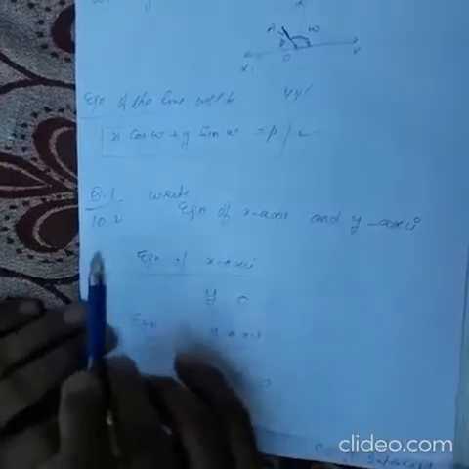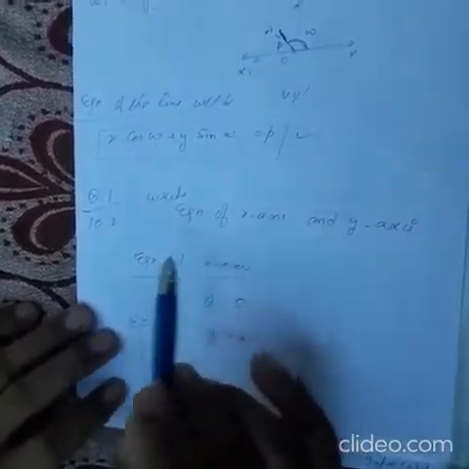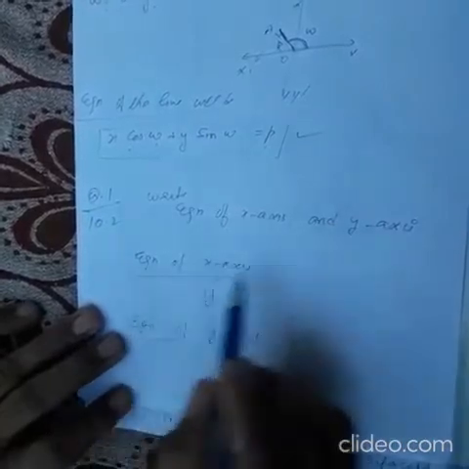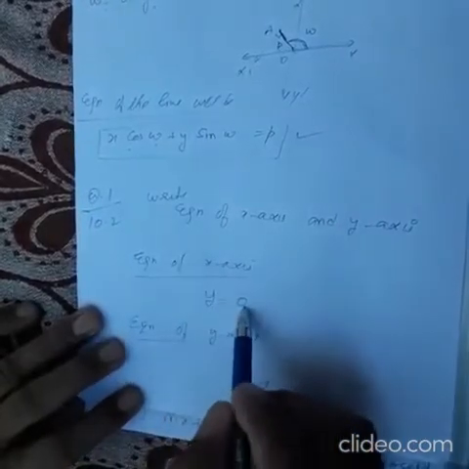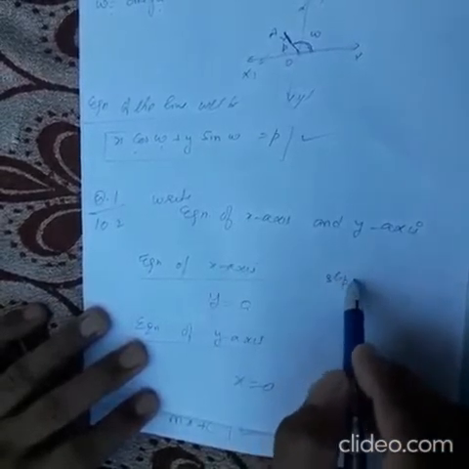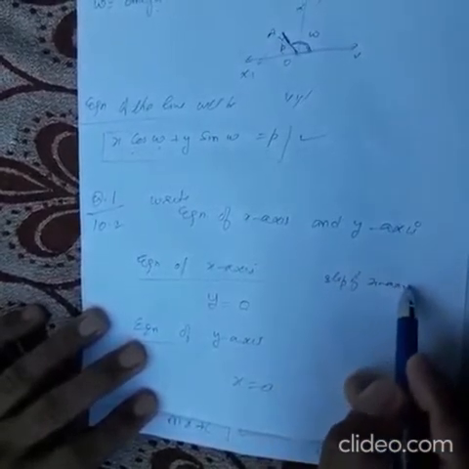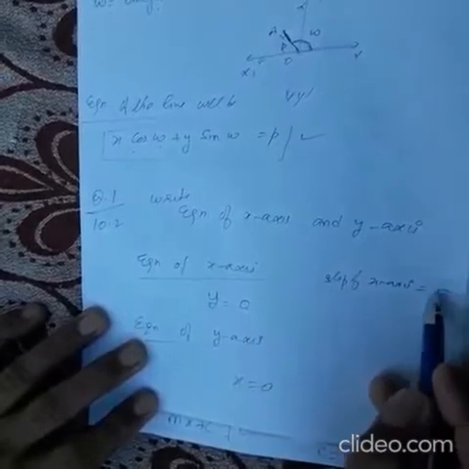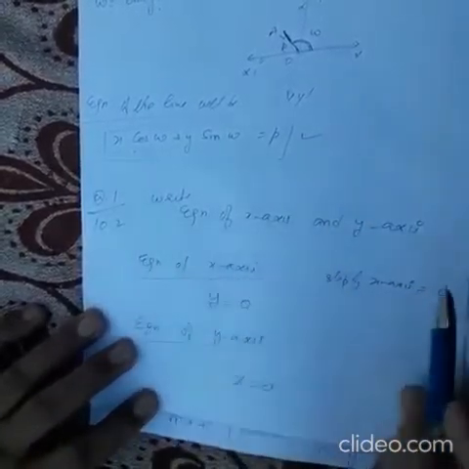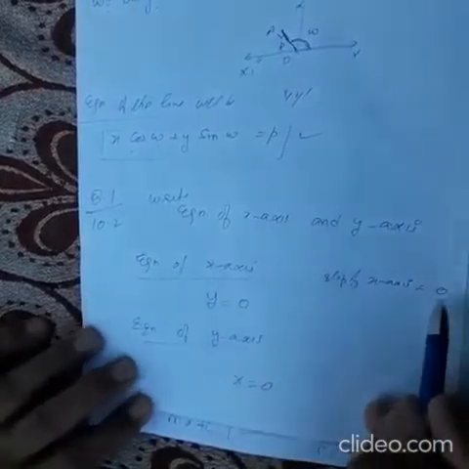We'll consider the first question only. Write the equation of the x-axis. The equation of the x-axis, we know, is y is equal to 0. Now what will be the slope of the x-axis? That is 0, because the angle will be 0 and tan 0 is 0, so that's why the slope is 0.